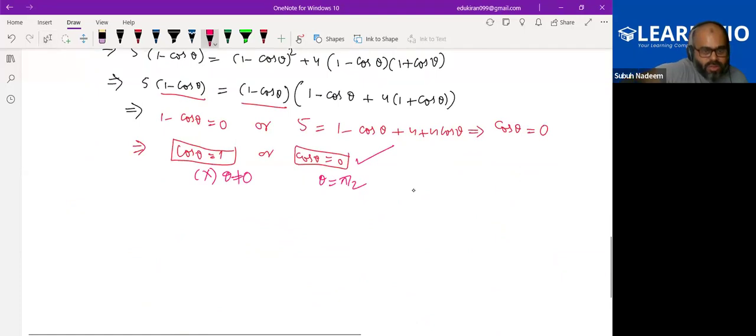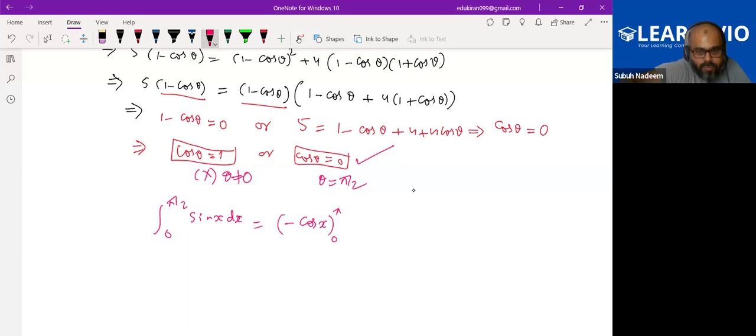So 0 to pi by 2 sin x dx we have to find out. The integral of sin x is minus cos x, from 0 to pi by 2. This will be minus cos pi by 2 plus cos 0. Cos pi by 2 is 0 and cos 0 is 1. So we get the final answer as 1.